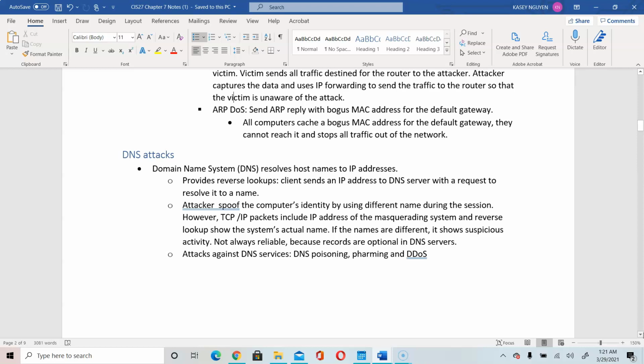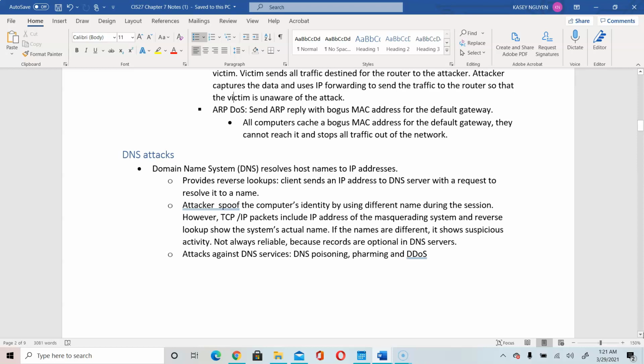So because the records on the DNS identify the name to the IP or IP to the name. In the reverse lookup, it will identify the IP to the name. So the attacker against the DNS service can use a false name or an actual name of a system that would be masquerading their own, so that causes the poisoning to the record.